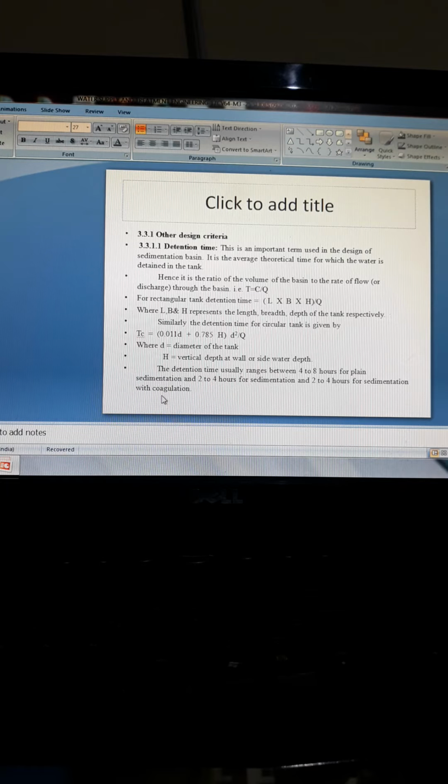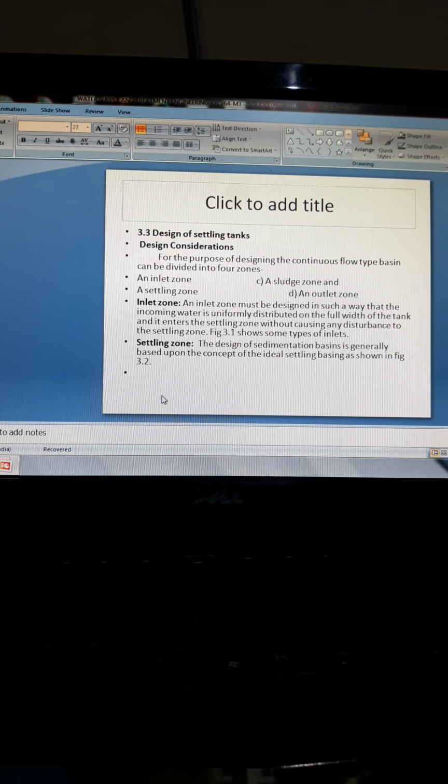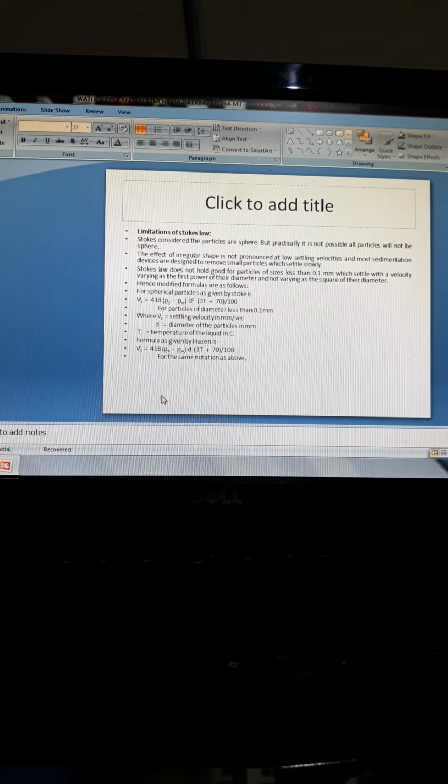In this fill and draw type of sedimentation tank, the water is filled into the tank by closing the outlet valve that is provided at the bottom. So in the fill and draw type, there will be only two valves. One is the inlet valve and another one is the outlet valve.